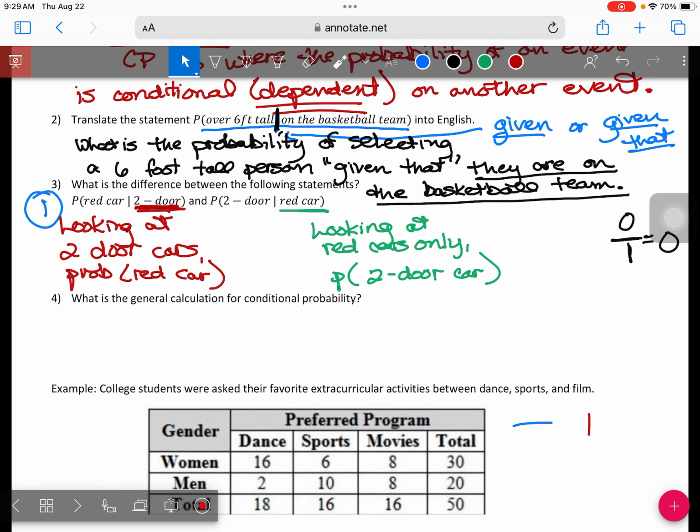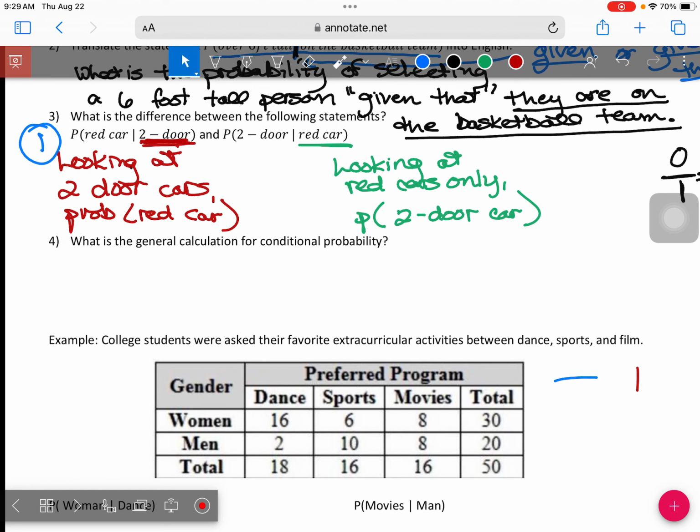So number 4. Number 4, what is the general calculation for conditional probability? Here it is.